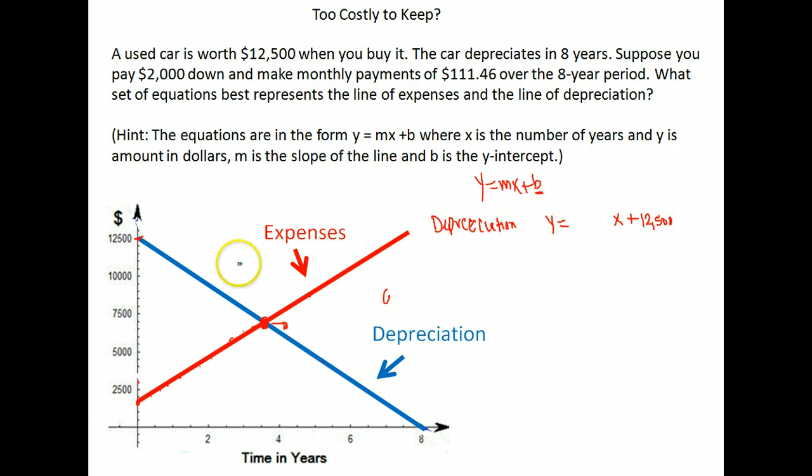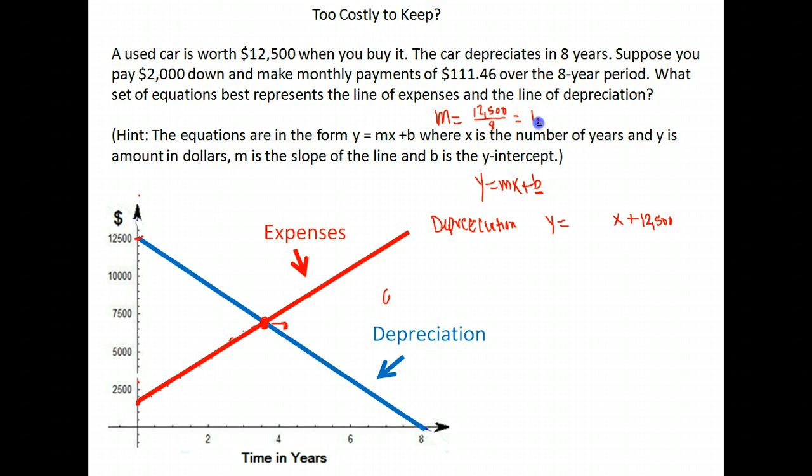That something is my depreciation each year. Remember, we can tell how much is going down each year if we take the original value of the car. So to find my m for the depreciation, I take the original value of the car, $12,500, and divide it by the number of years it takes to depreciate, because that will tell me how much it depreciates each year.